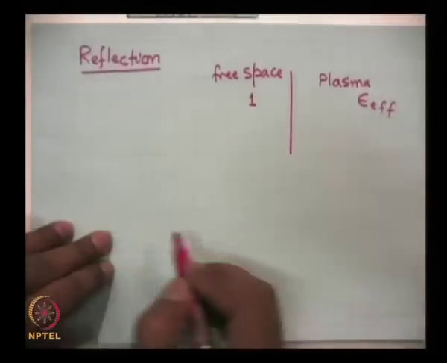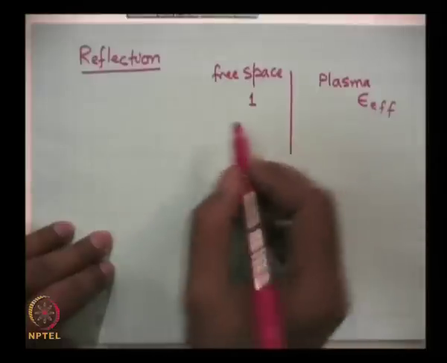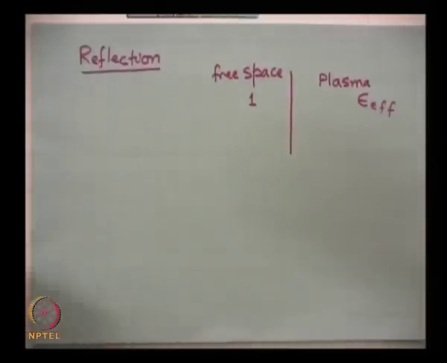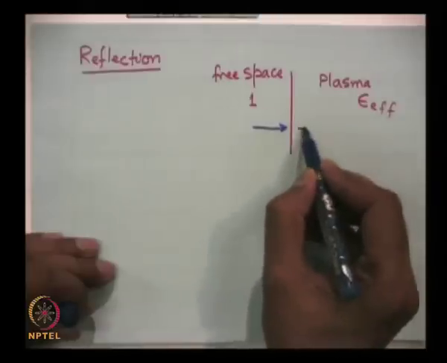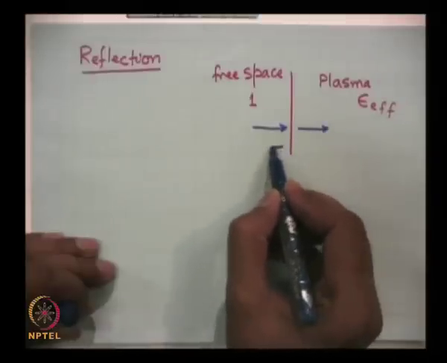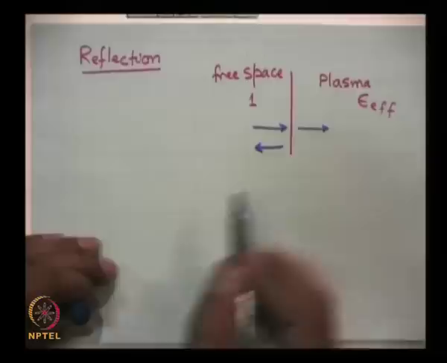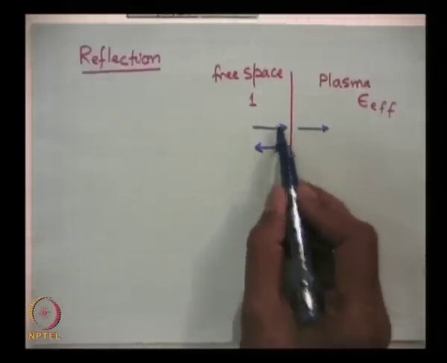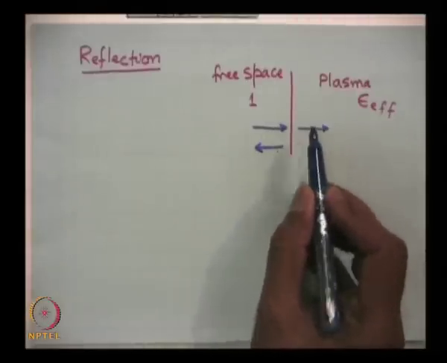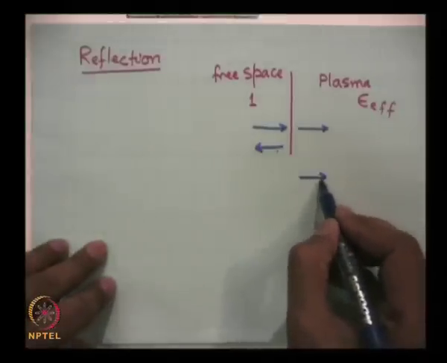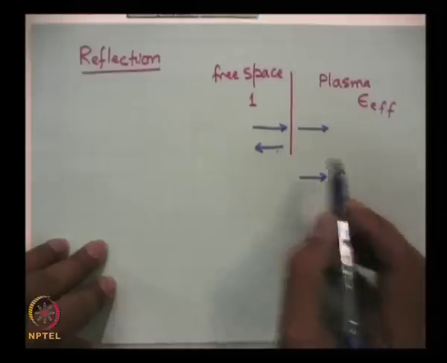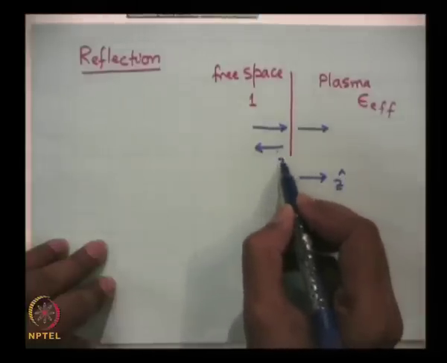We are launching an electromagnetic wave here. Partly the wave will be transmitted in the plasma, partly it will be reflected. So, there are three waves: an incident wave, a reflected wave, and a transmitted wave. Let me consider this direction as the z direction and thus the interface as z equal to 0.